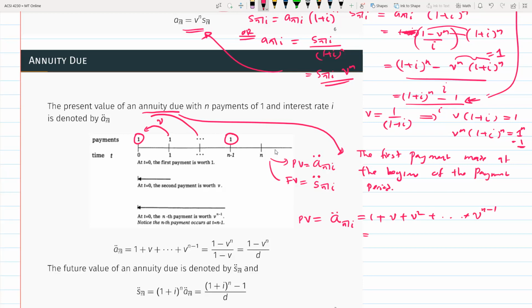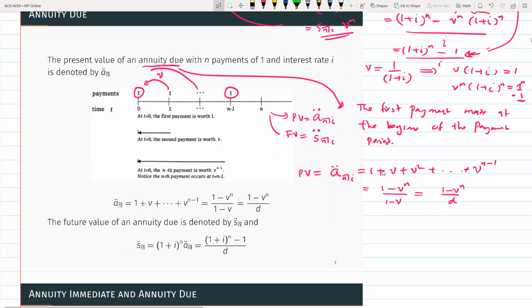So I can use the same approach. This one would give me (1 - v^n) over (1 - v). 1 - v equals d. So I write d. Now let's write the present value of annuity immediate. The previous one has d, okay?